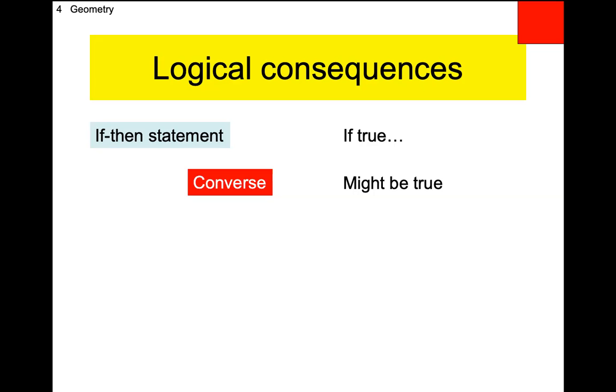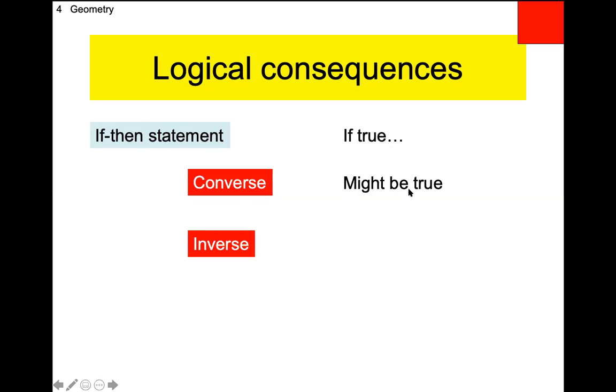Remember, the sidewalks could be wet after the rain stops. Certainly if the sidewalks are wet, it might be raining, but it's not guaranteed. So converse statements are not always true. And remember, we're going to predicate all of this on the fact that the original if-then statement is true. If the original statement is true, the converse could be true, it could be false.